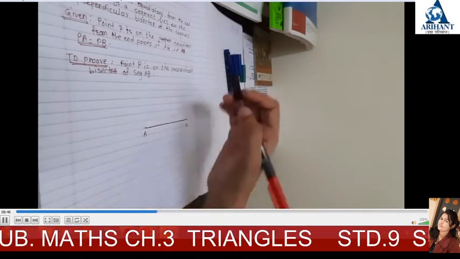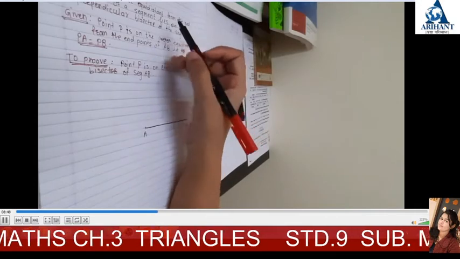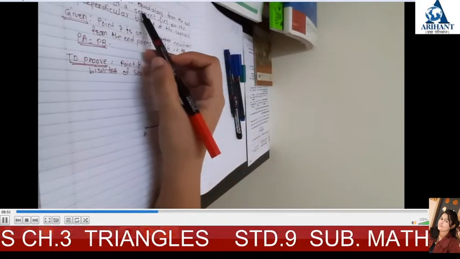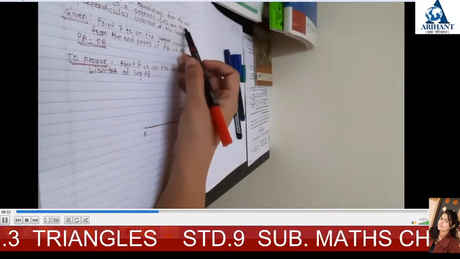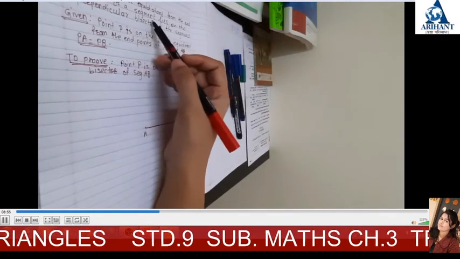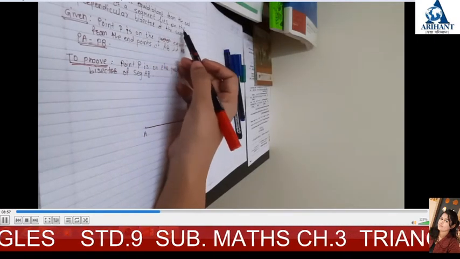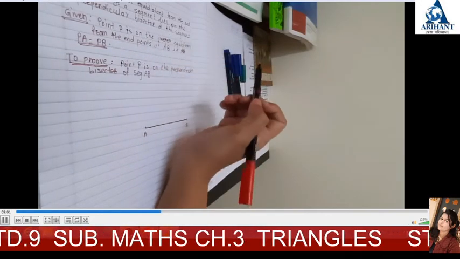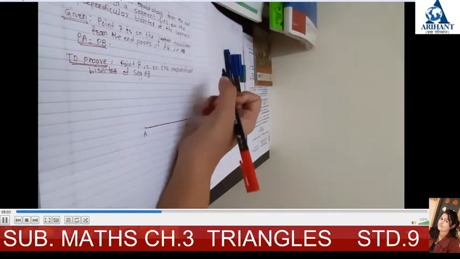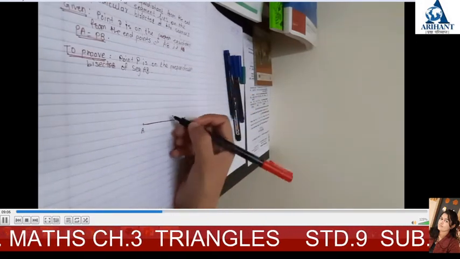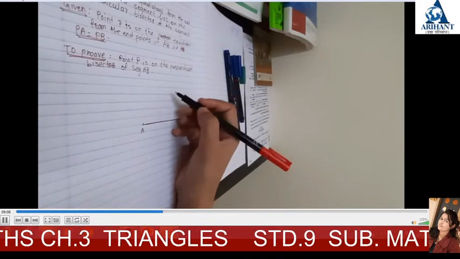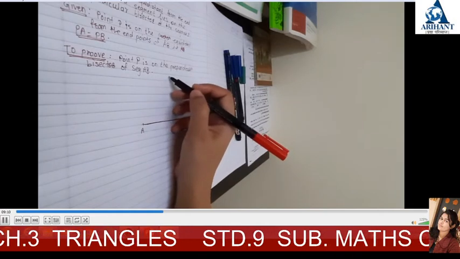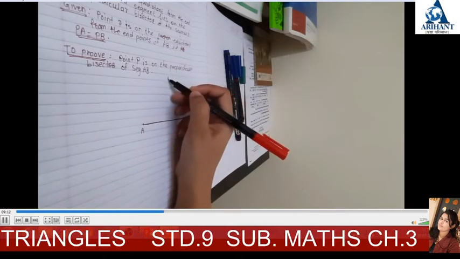What is given over here? Any point equidistant from the endpoints of a segment lies on the perpendicular bisector of the segment. So here let's draw a perpendicular segment first.